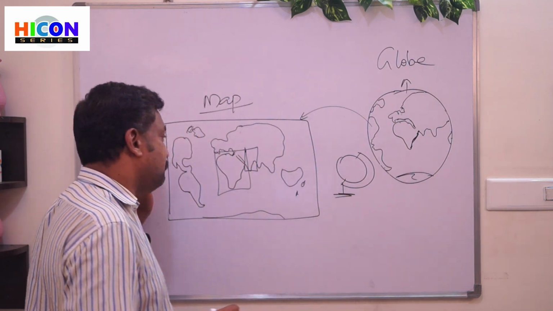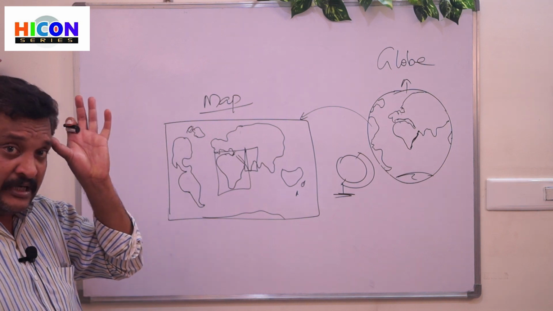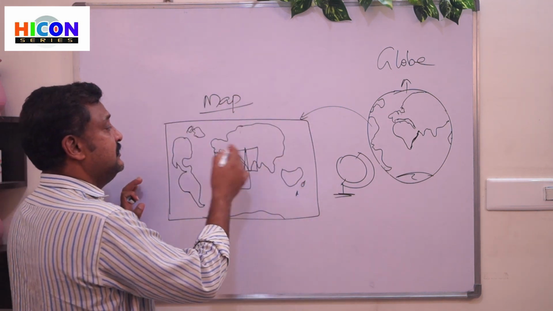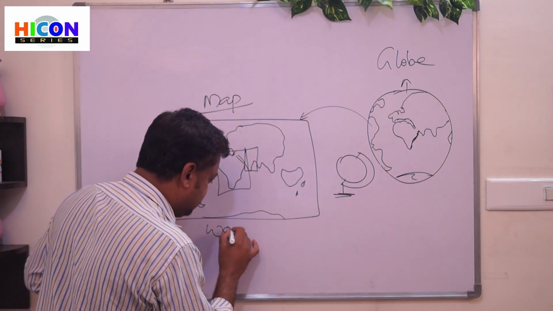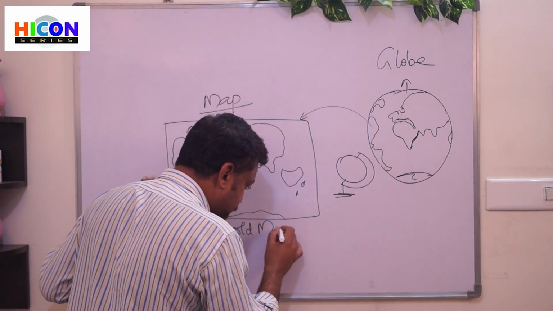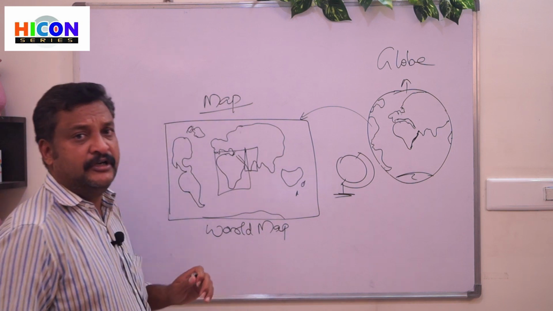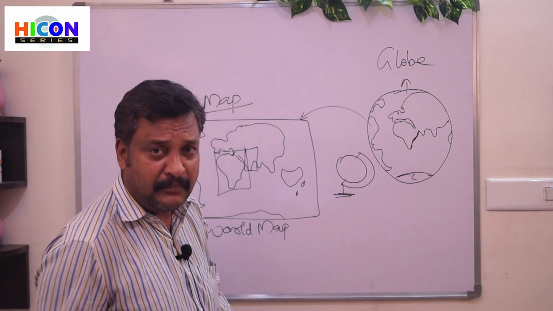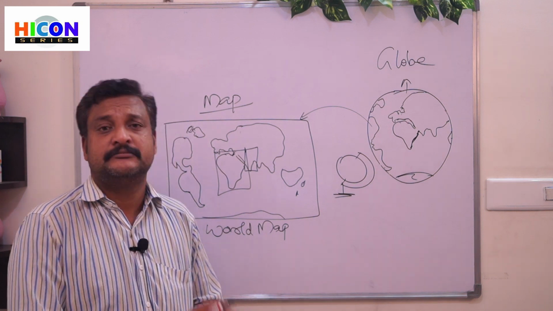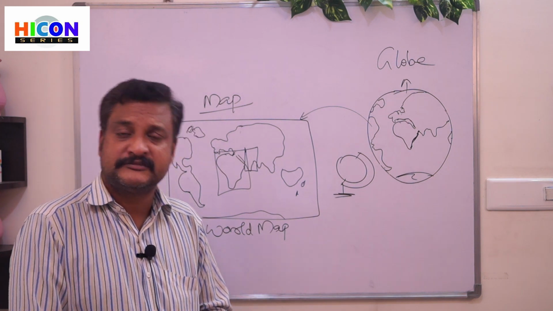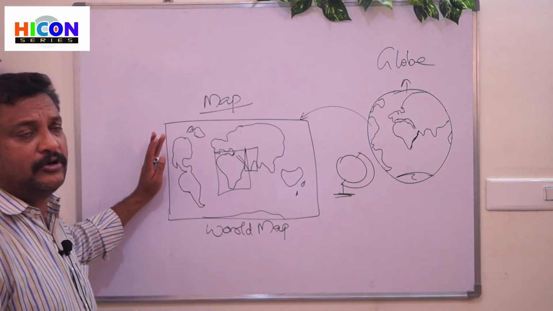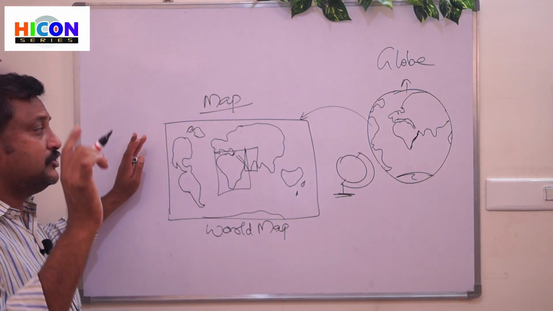When it comes to maps, if the entire globe is printed on it, that is called a world map. Okay, if only India is printed as a map, then we call it the map of India or the India map. Clear?